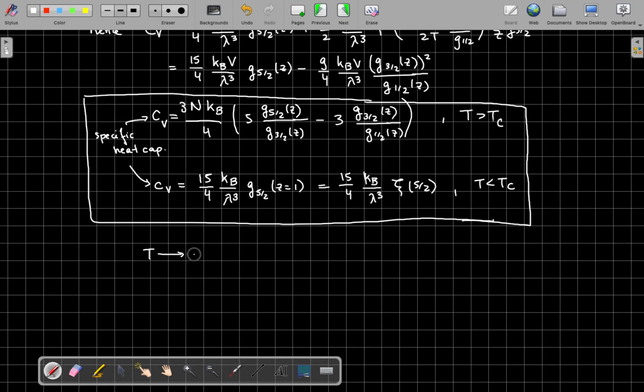So as T goes to infinity, it's quite useful to know this. T goes to infinity means z goes to 0.